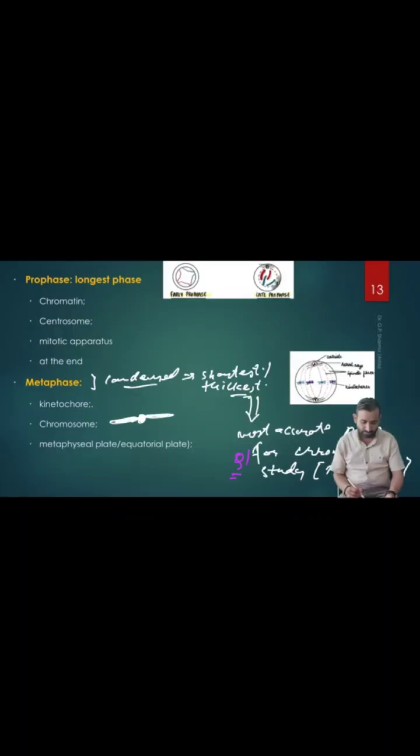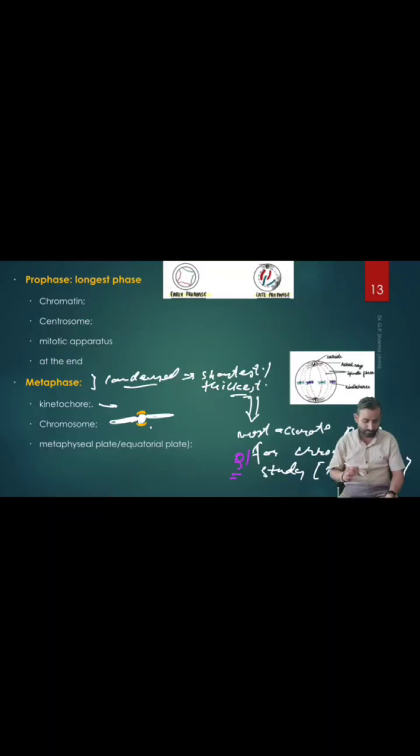This centromere begins to express the sticky proteins over here. These sticky proteins which begin to appear within the centromere are called what? Kinetochore formation. What is this? Kinetochore formation. So what happens?